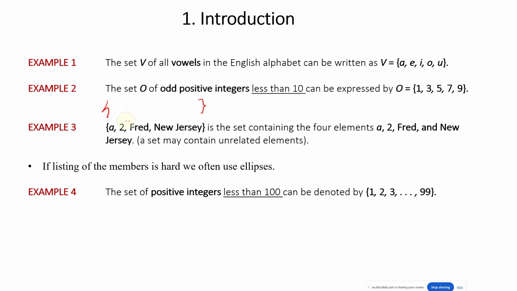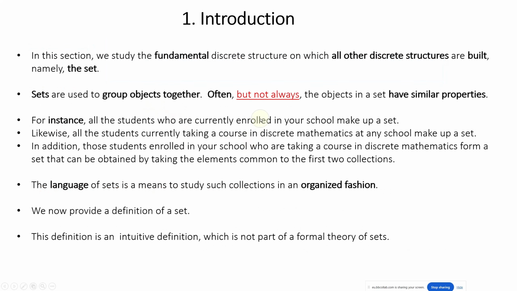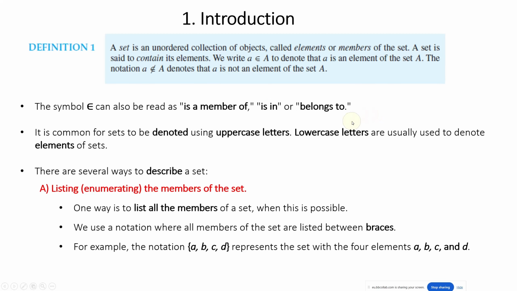This time it has 4 elements: the first one, the second one, the third one, and the fourth one. So a set is a group of things that are put together. Sometimes they have things in common, and sometimes, but not always, they might not have any similar properties.